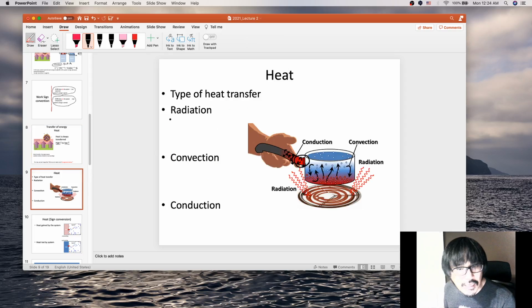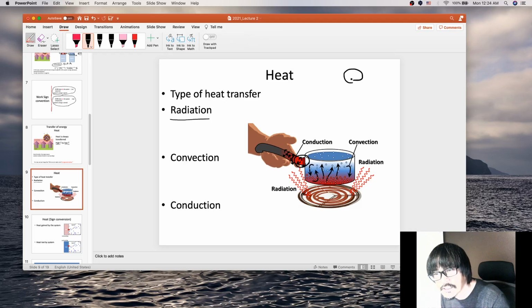There are 3 types of heat transfer. One is radiation, and a good example is the sun right here.